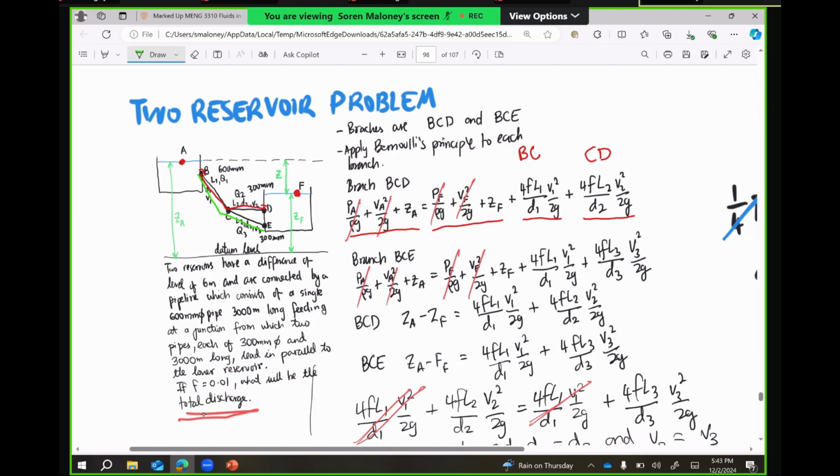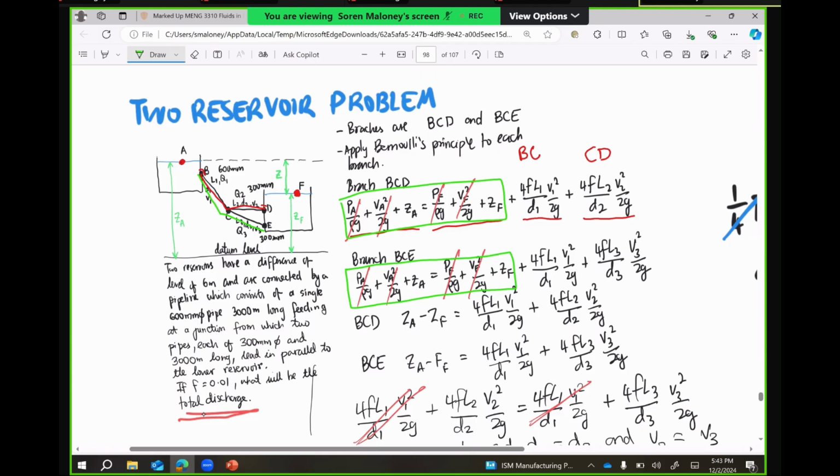That's why, if you notice the first part of my Bernoulli equation, these two parts are between A and F. This is actually two parallel branches because they start and end at the same two points, the same two reservoirs, right?